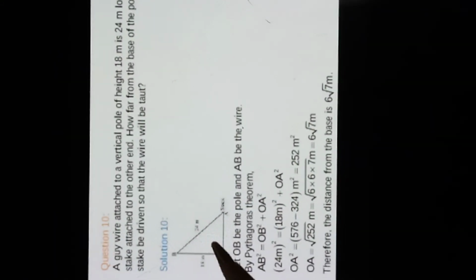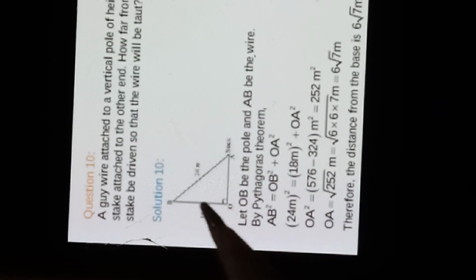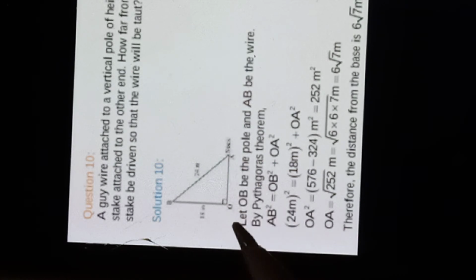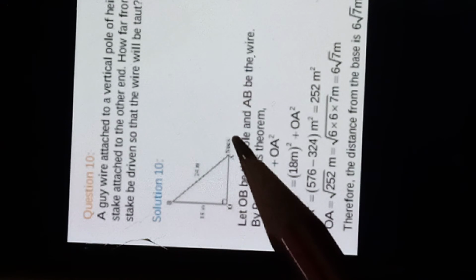Read the question carefully and try to understand the figure. Vertical pole's length was given to you as 18 and the wire was 24. How far should you take this wire from the pole so that this becomes straight is your question. So suppose this far you have taken. So you need to find this length now.